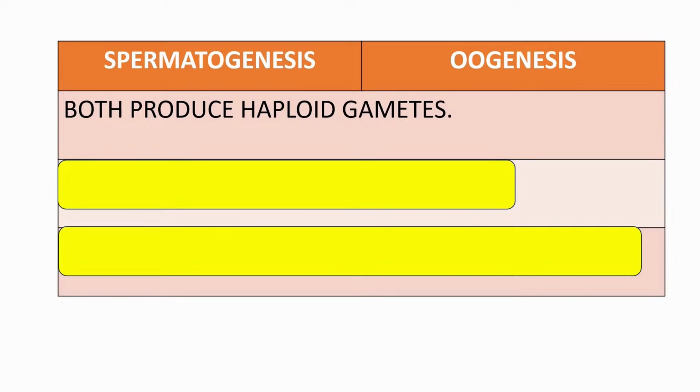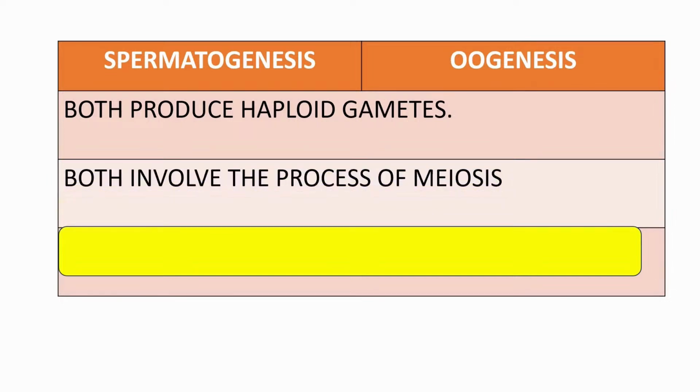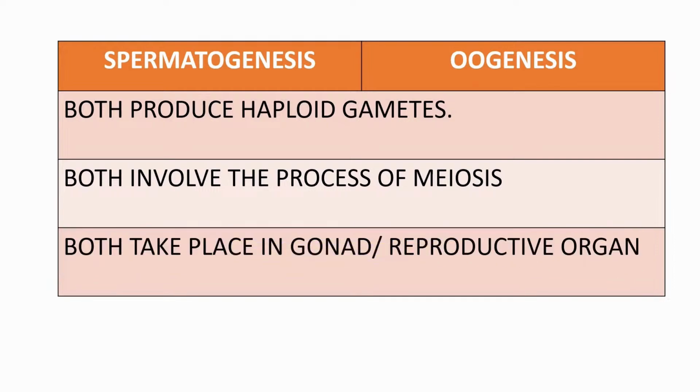Of course, it involves the process of meiosis. And where does this take place? Both take place in the gonad or reproductive organ. So we already have three similarities for spermatogenesis and oogenesis. Next, let's go to the differences.